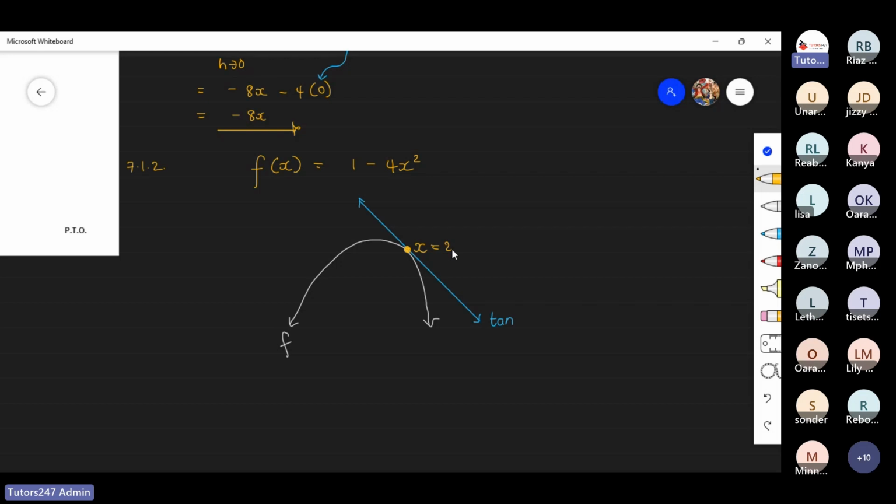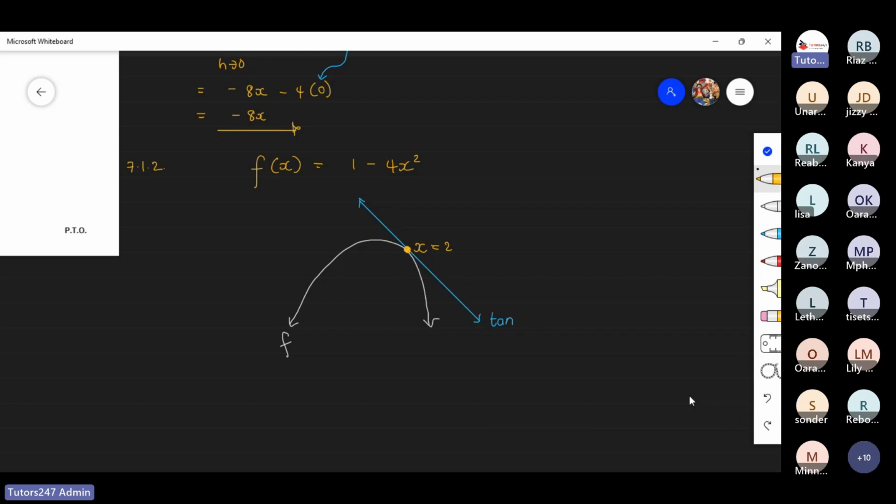Keep in mind that the gradient of a parabolic function is not constant, it's changing. The gradient at this point is not the same as the gradient at this point, or the gradient at that point. It's constantly changing because it's a curve, whereas the gradient of the tangent is constant. So the gradient at x equals 2 will be the same gradient throughout this straight line.